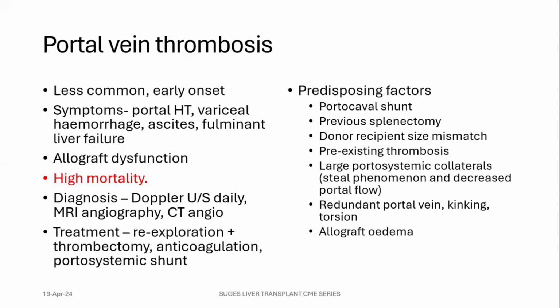It can also be diagnosed using MRI angiography and CT angiography. We do not want to wait until the patient gets symptoms of portal hypertension, so we need early diagnosis through early imaging. The treatment is re-exploration and thrombectomy, or the patient can also be put on anticoagulation therapy, and also they can do a portosystemic shunt.